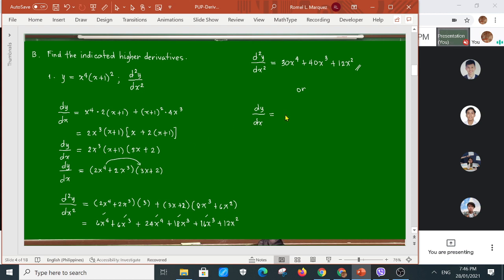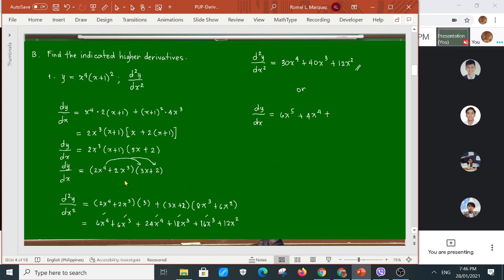So that is 2 times 3, so 6x to the 5th plus 4x to the 4th. We're just expanding the first derivative.